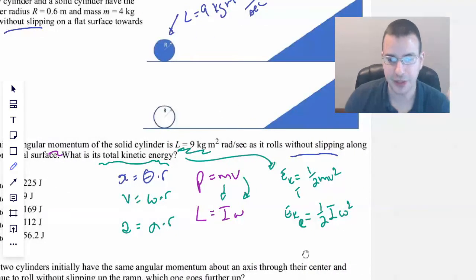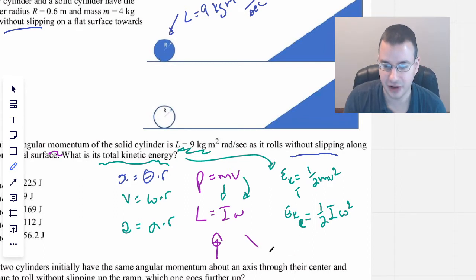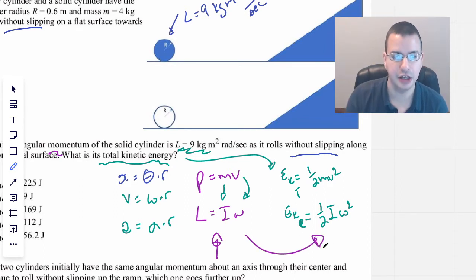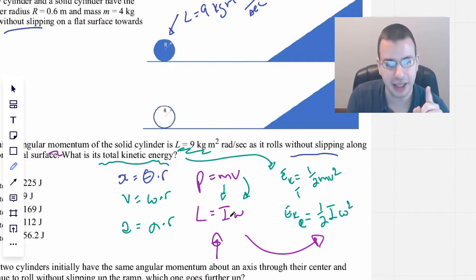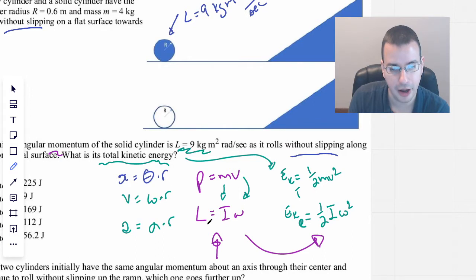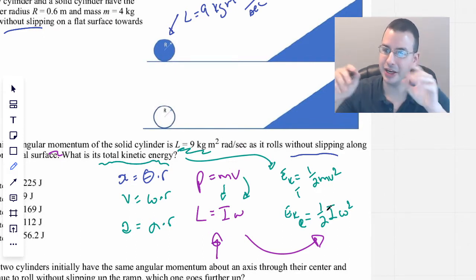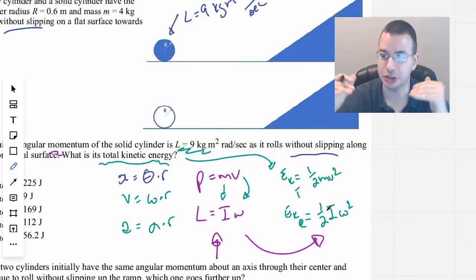Okay, so now that we have this information, we're given this, and we're asked to find that. What we're going to do is use the angular momentum to find the speed. I'm going to convert everything back into the translational relationship.